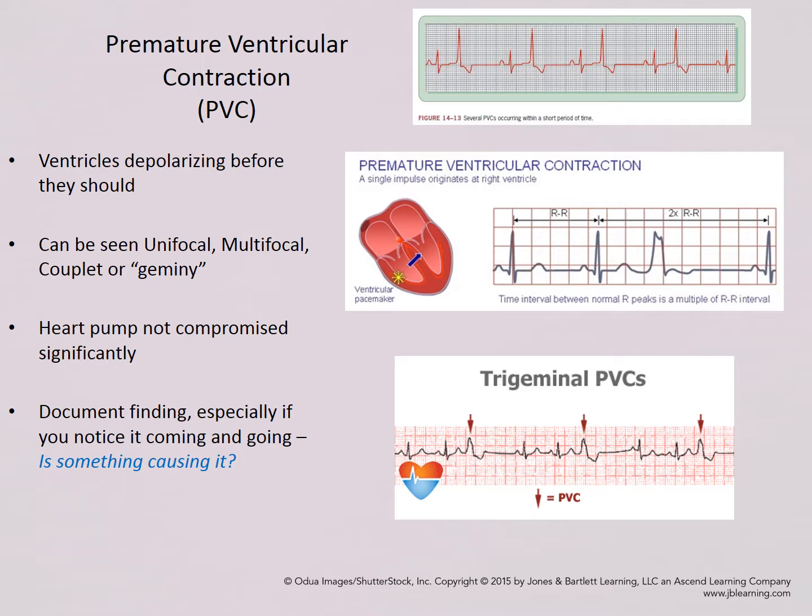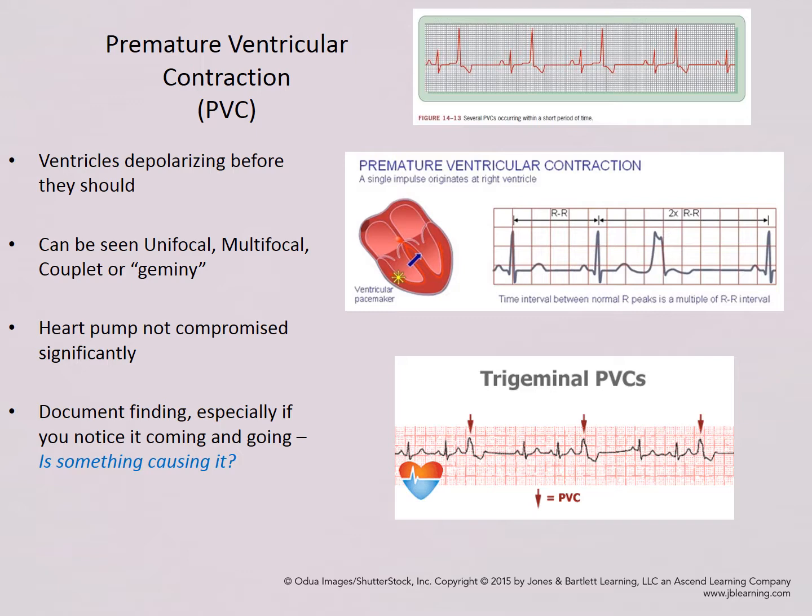Now, one thing with PVCs is they tend to have abnormal shape on your EKG. If you look at the picture in the top right, this is called just occasional PVCs. So you see a normal rhythm, then a PVC, then a normal QRS, then a PVC, then a normal QRS, then a PVC, and so on.